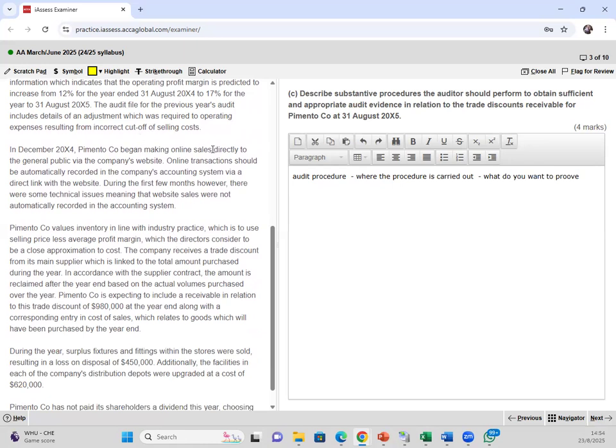So here, P company values inventory in line with the industry practice, which is to use the selling price less the average profit margin.